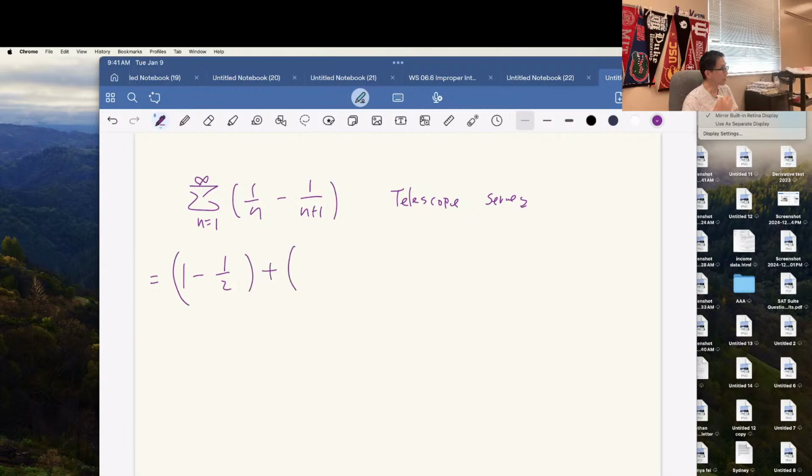When n is equal to 2, what will happen? It's 1/2 minus 1/3, and then 1/3 minus 1/4, and then plus 1/4 minus 1/5, and so on.